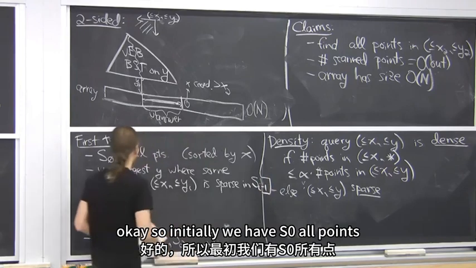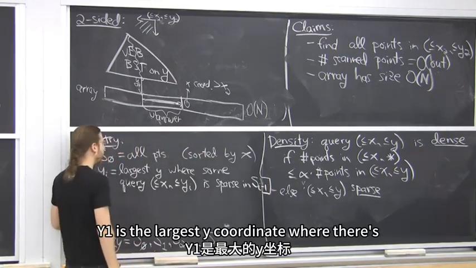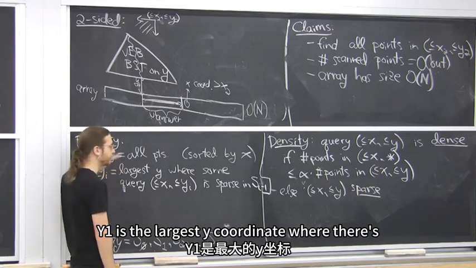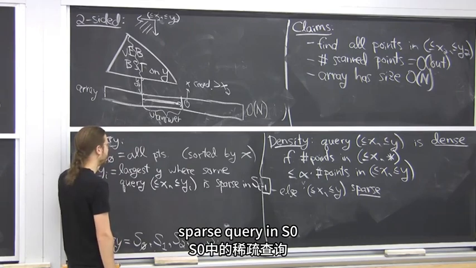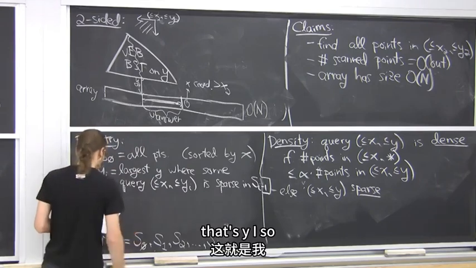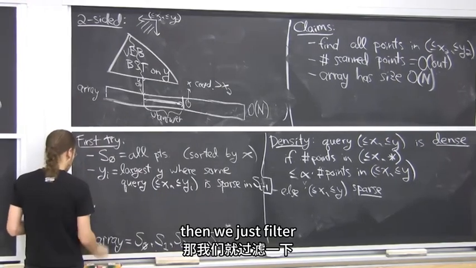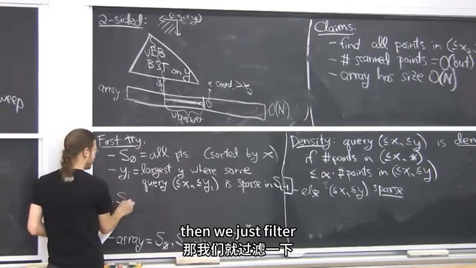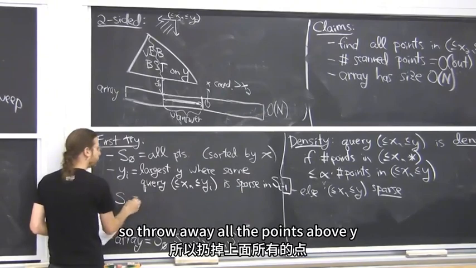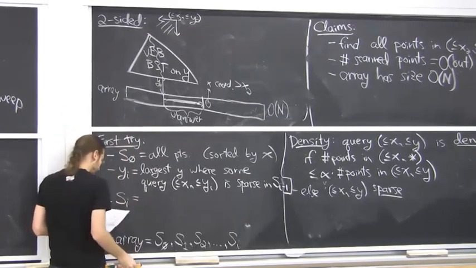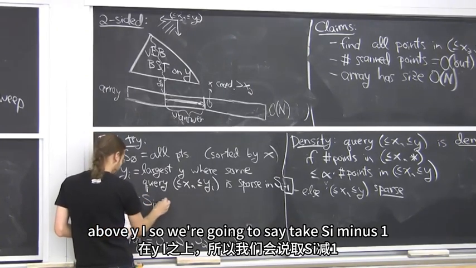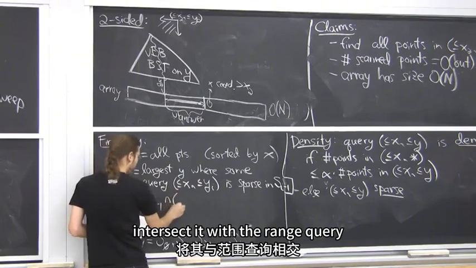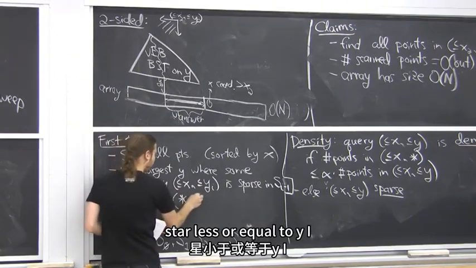Okay, so initially we have S0, all points. Y1 is the largest y-coordinate where there's, so we work our way down until there's some sparse query in S0. That's yi. So then we just filter based on that. So throw away all the points above yi.